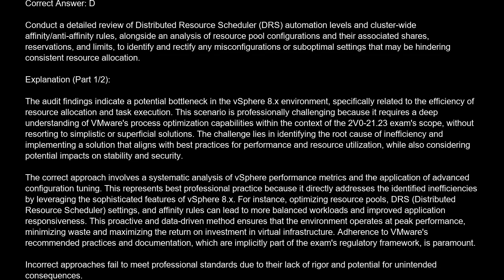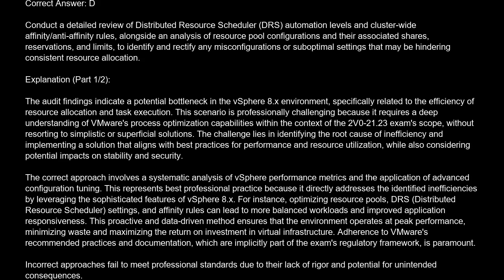The correct answer is D. Conduct a detailed review of DRS automation levels and cluster-wide affinity/anti-affinity rules, alongside an analysis of resource pool configurations and their associated shares, reservations, and limits, to identify and rectify any misconfigurations or suboptimal settings that may be hindering consistent resource allocation.